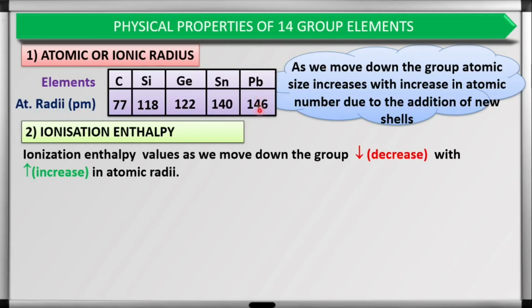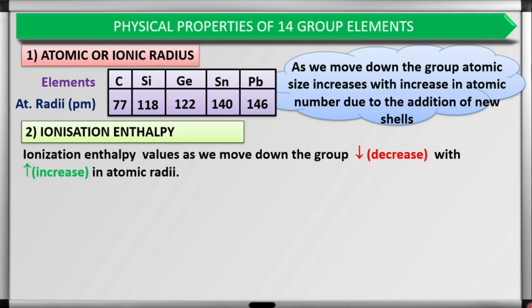So if we take the example of lead, it shows 146 picometer atomic radii. So it shows the highest atomic radii in group 14 elements. So the nucleus and outermost shell electron distance is large, and that's why the electrons in the valence shell are easily removed.